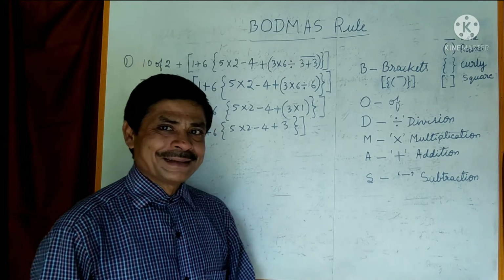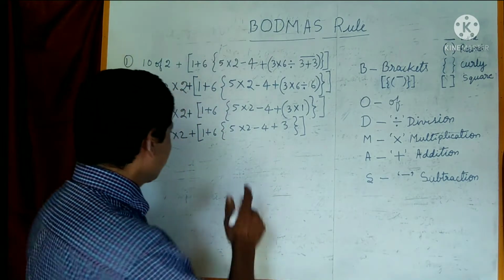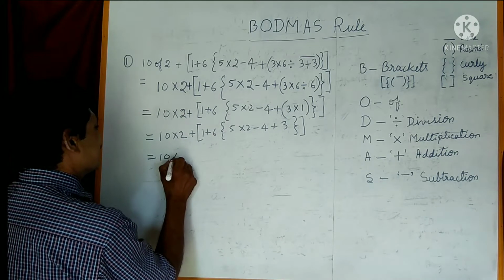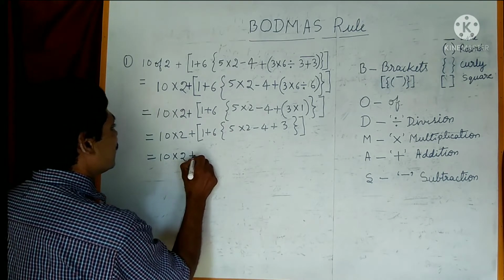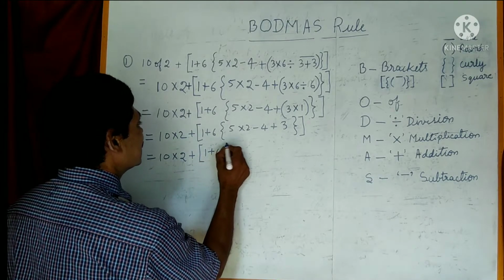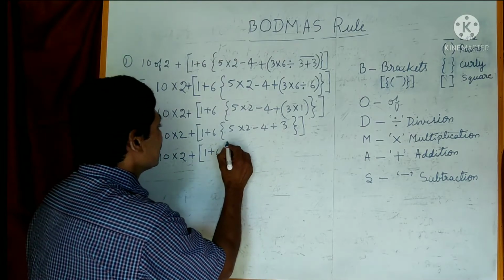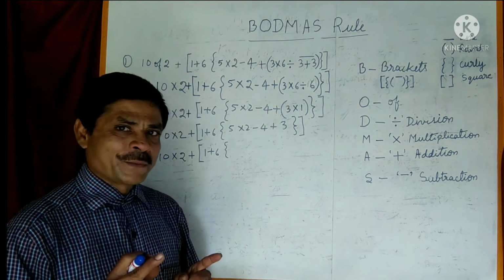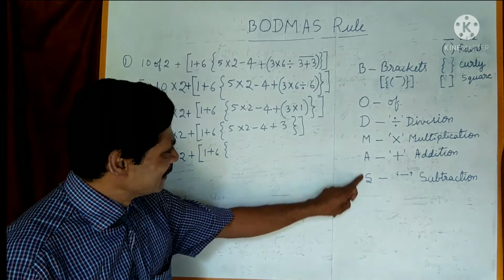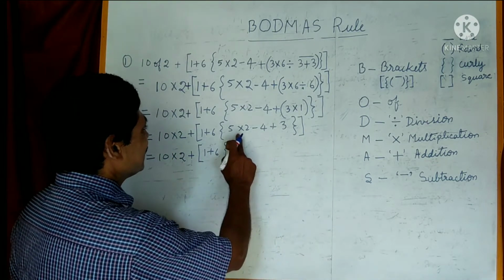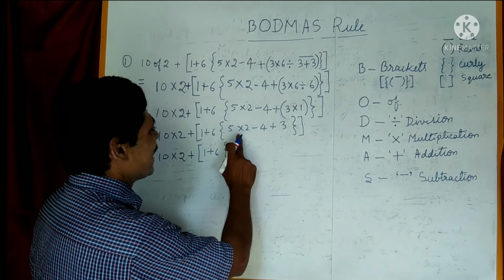Next we have to solve the curly bracket. Okay? This we have to solve next. We will write as it is: 10 into 2 plus 1 plus 6. Okay? In the curly bracket, which operation do we have to perform first? DMAS, we have to follow the rule. Okay? Here only plus, minus and multiplication are there.